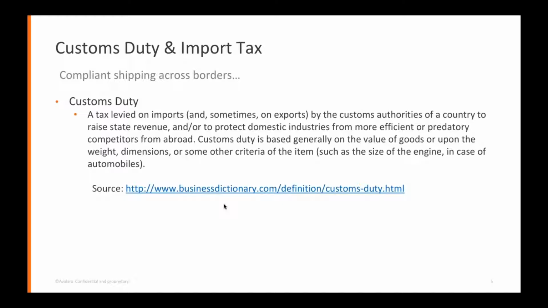As you're aware, tariffs and customs duty have been in the news a lot. There's a lot of different countries positioning themselves with how they will tax and tariff and put duty on various types of imports from other countries.